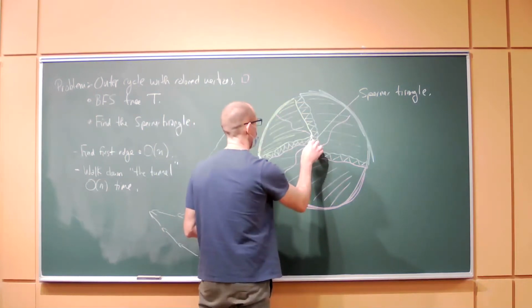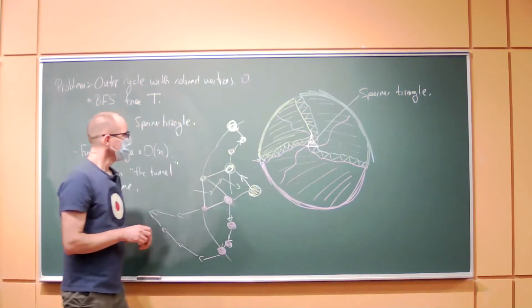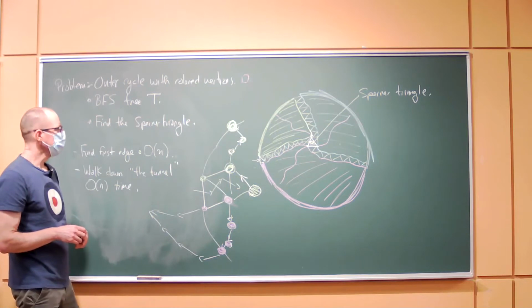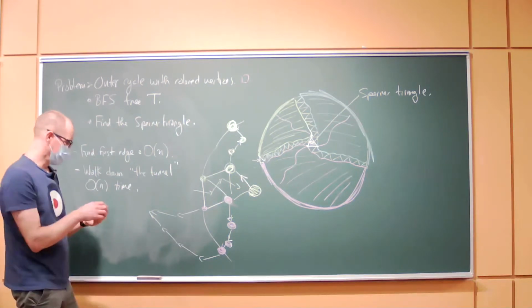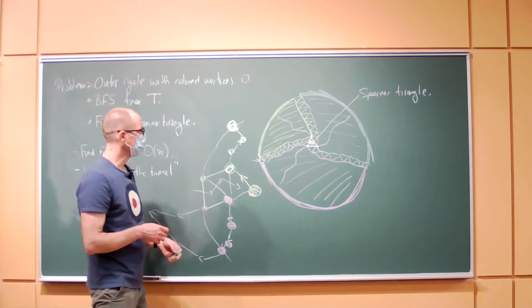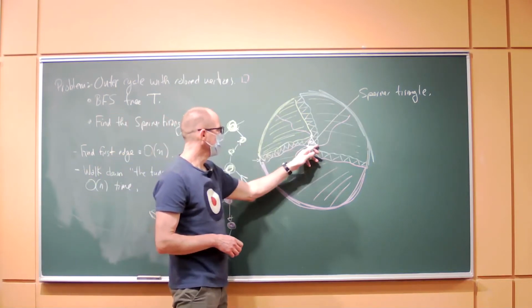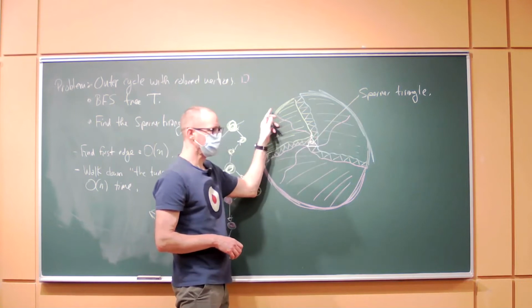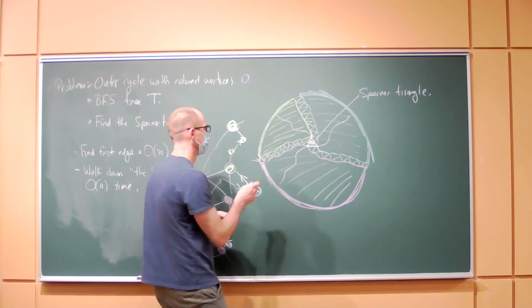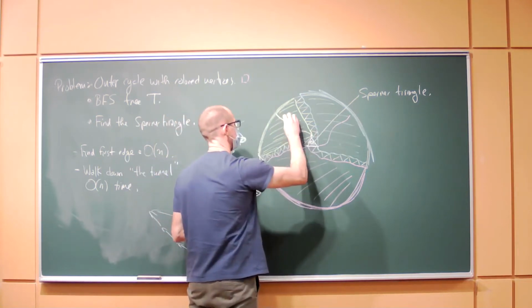And then you find the Sperner triangle. In the act of finding it, you actually figured out the colors of the three paths to the boundary from that Sperner triangle. So it should look like this, I guess.